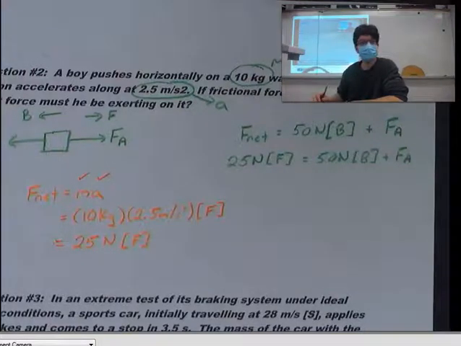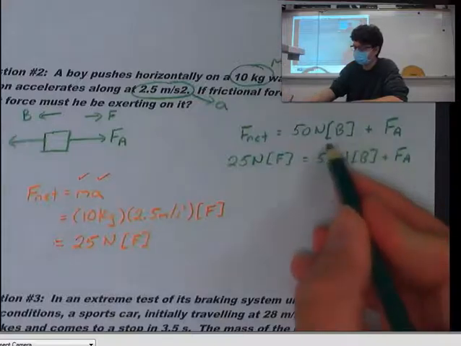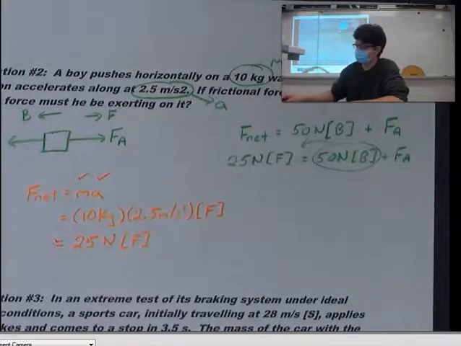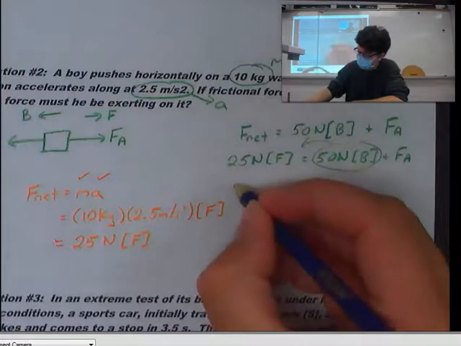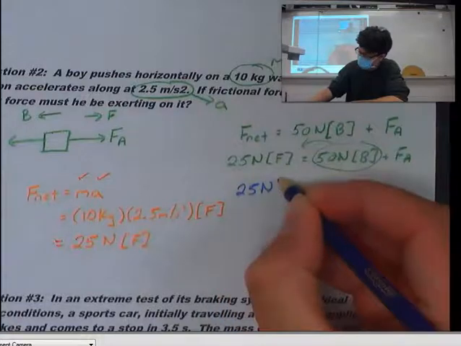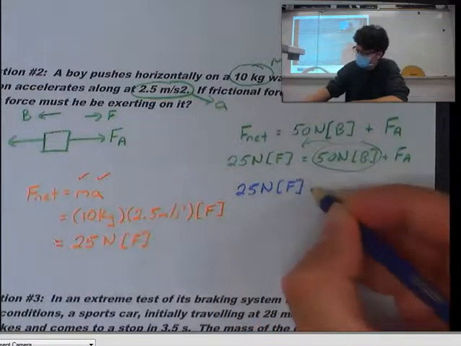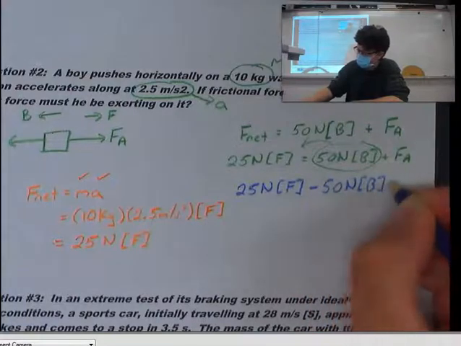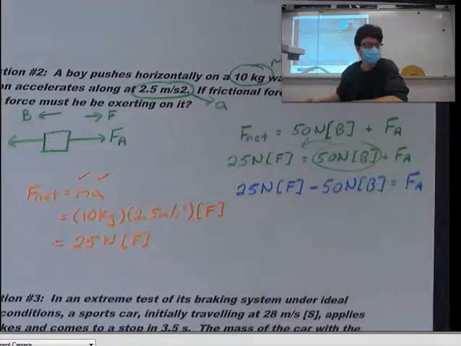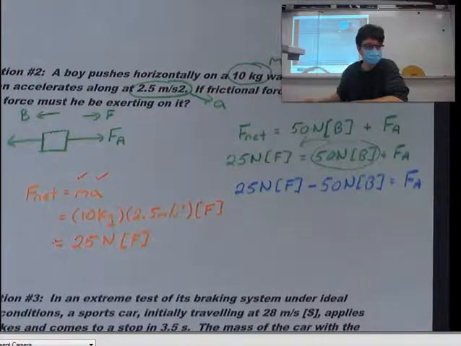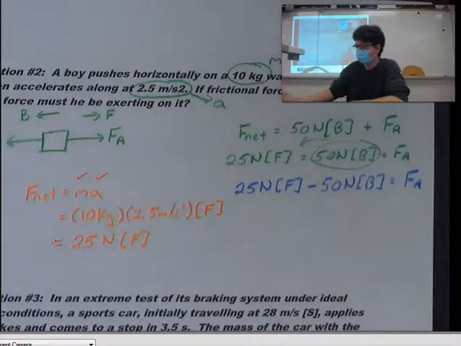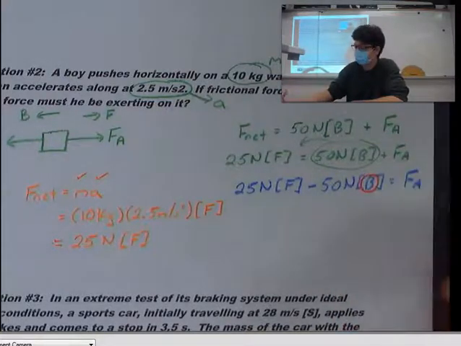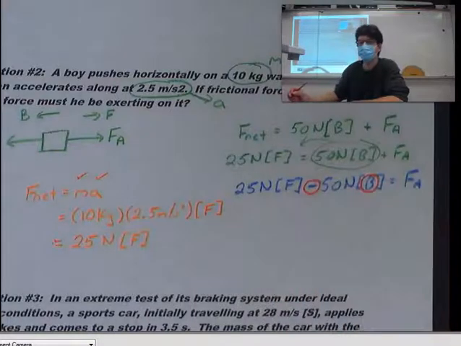All right, so now I need to solve for Fa. So I can bring this term over to the other side by subtracting it from both sides. So I get 25 newtons forward minus 50 newtons backwards equals Fa. But this is forward and this is backwards, so I need to change this to forwards. In order to do that, I need to take the opposite sign.